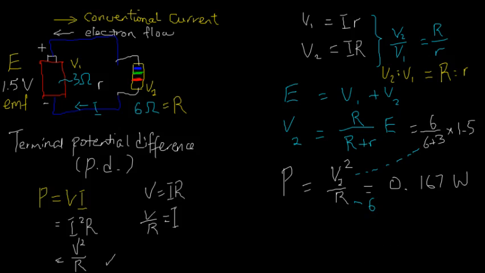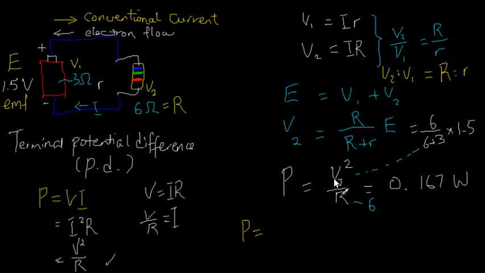Now what I want to do next is to think about how this power would change if I change R, if I change the resistance. To make it quite clear how power and this resistance are related, I can combine those two formulas. Let me do that first. I can do it by just substituting this expression for V2 into here.